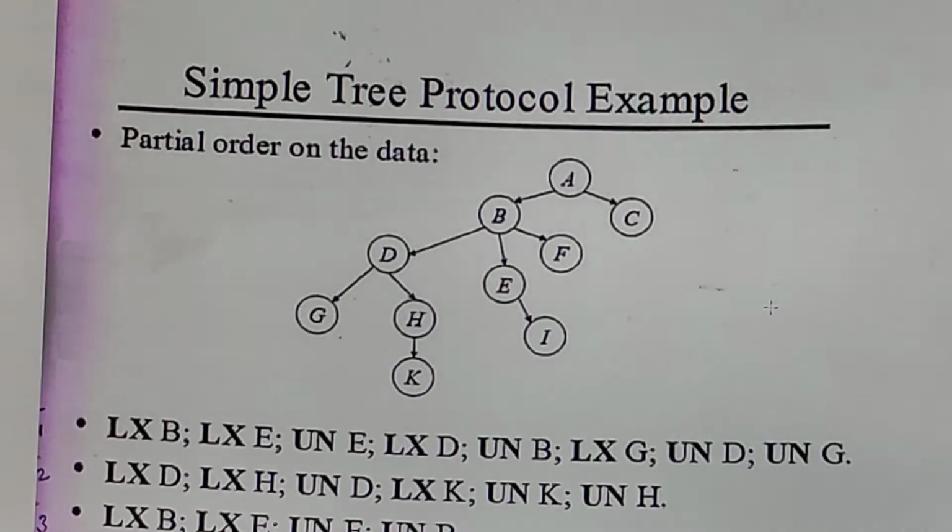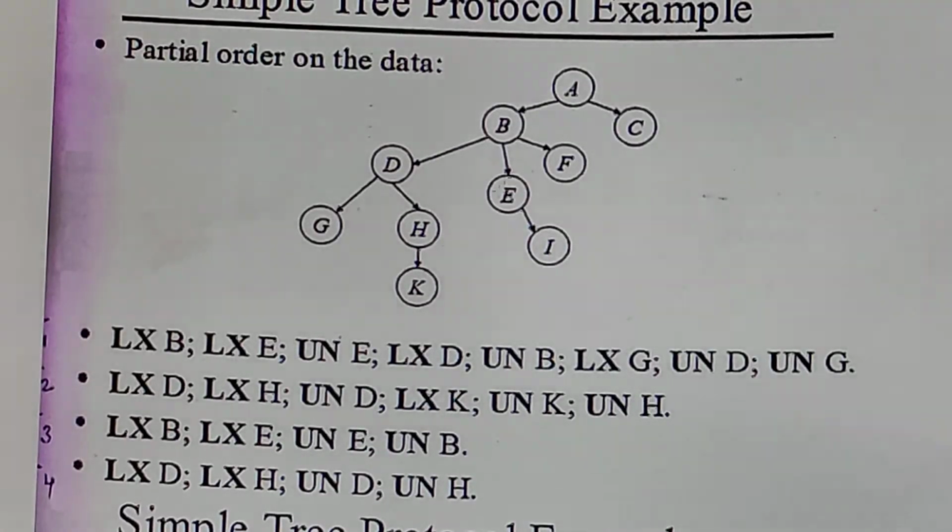So let's see this. Suppose this is a tree and I am having these four sequences by the four different transactions. Suppose a transaction has locked data item B, then locked data item E, right? Then the transaction has unlocked data item E and locked data item D. You can see this because the transaction wants to have an exclusive lock on data item E, so data item B needs to be locked first.